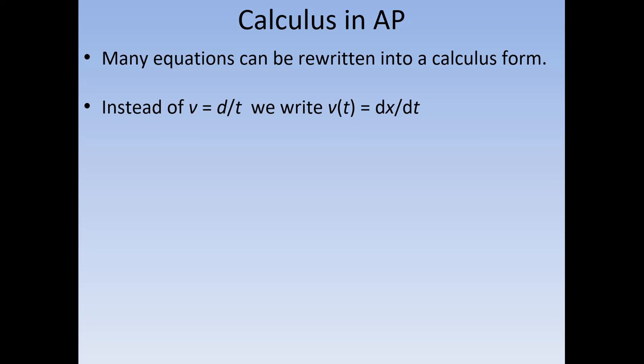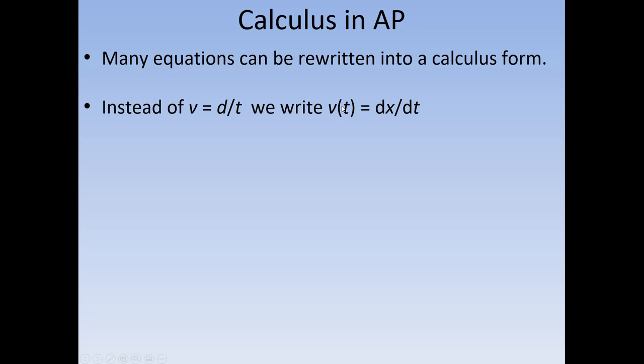For example, some of these you might already know if you've taken calculus. The equation for average speed is d over t, distance over time. We could rewrite this as v as a function of time, that's what this parentheses t is, equal to dx over dt.